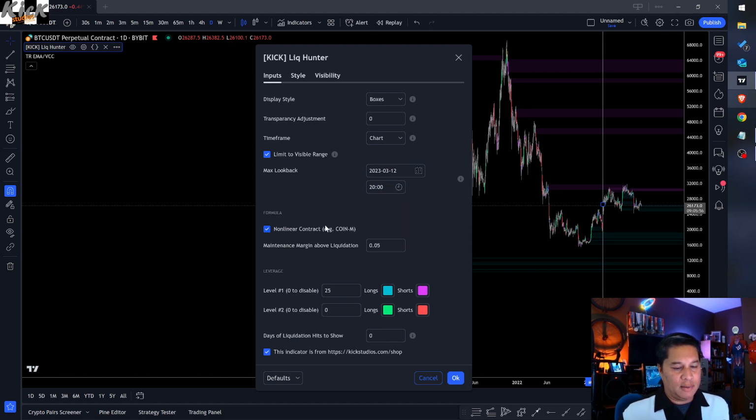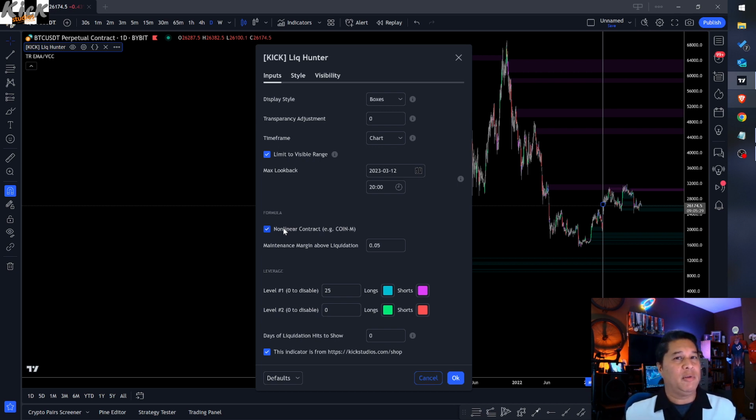The next setting down here is related to the formula that it uses to calculate the liquidation zones. If you're using a nonlinear contract, that is a contract where your collateral is held in the coin, like if I'm doing a Bitcoin perpetual where I hold the collateral in Bitcoin, that would be a coin-M, nonlinear contract.